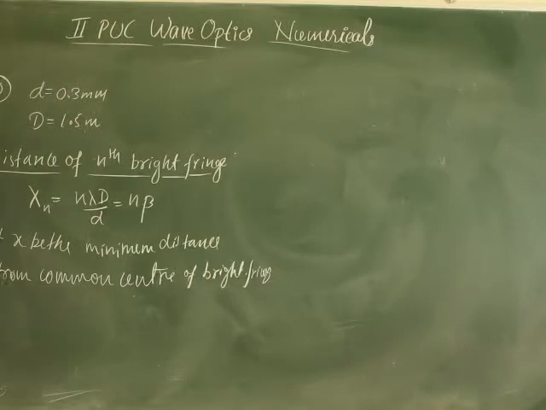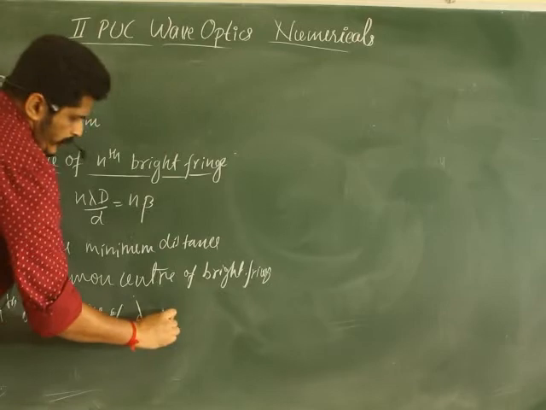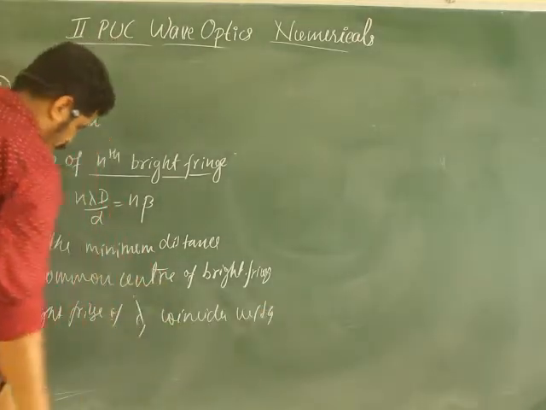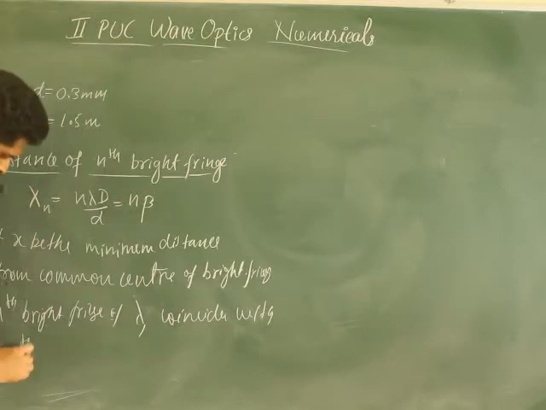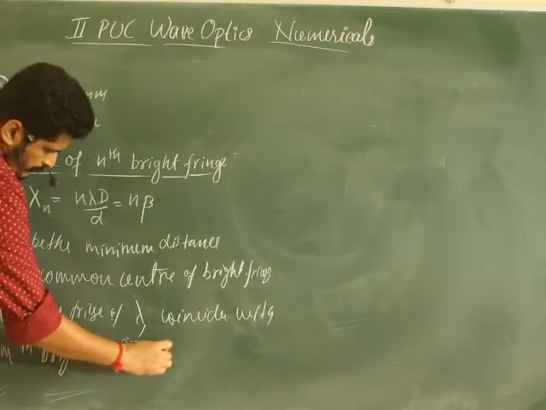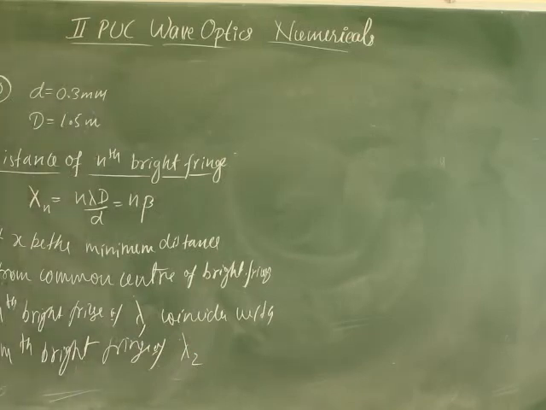Okay. So what we do here, at which nth bright fringe of lambda 1 coincides with the mth fringe of lambda 2. See, like this I have taken.